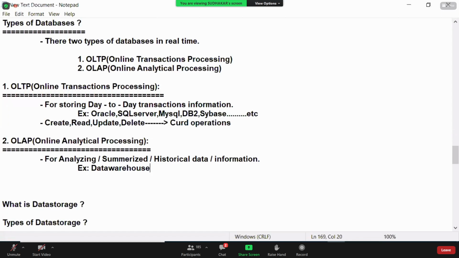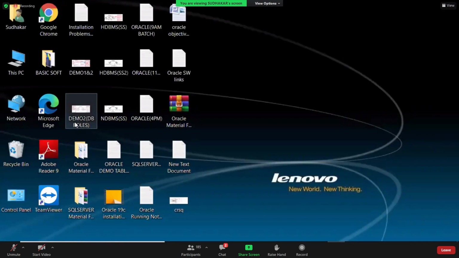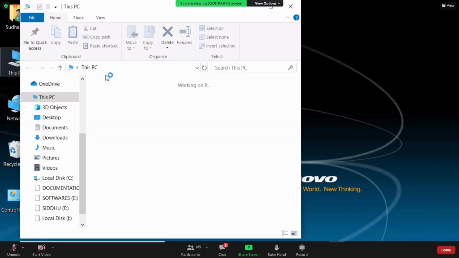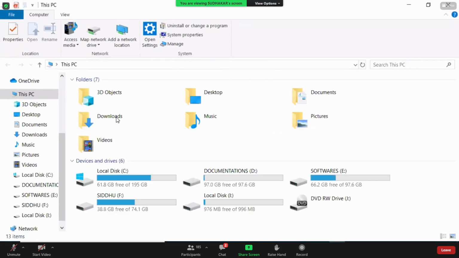But here I said historical data. What is meant by historical data? What do summarizing and analysis mean? If you want to understand this, let me show you a small diagram on this, the differences between OLTP and OLAP.